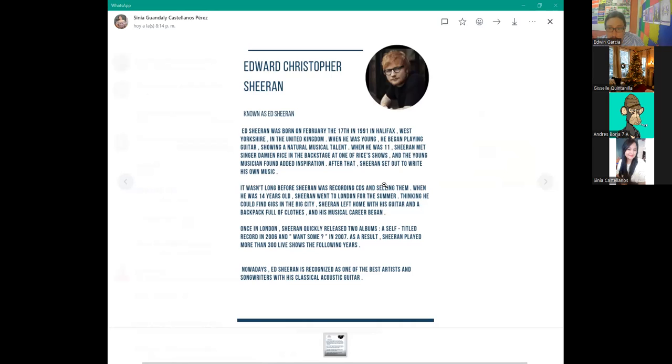When he was 11, Sheeran met singer Daniel Rice backstage at one of his shows, and the young musician found other inspiration. After that, Sheeran set out to write his own music.